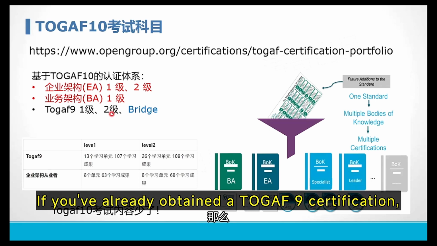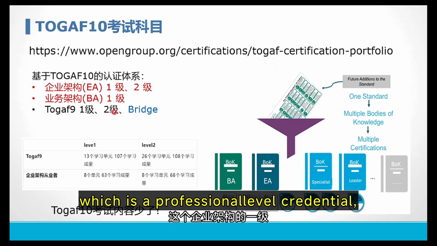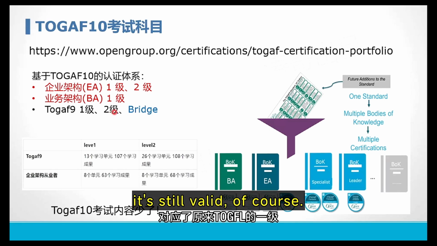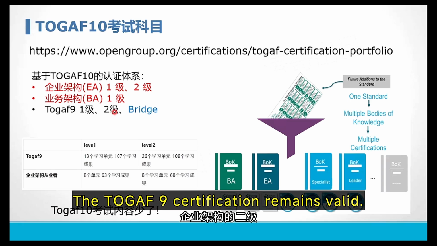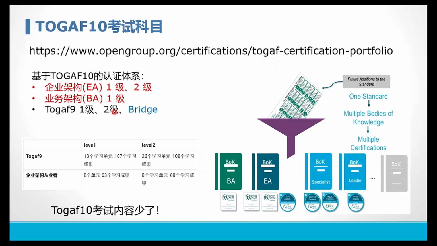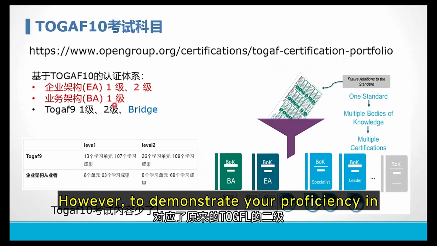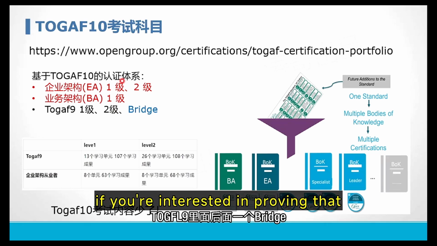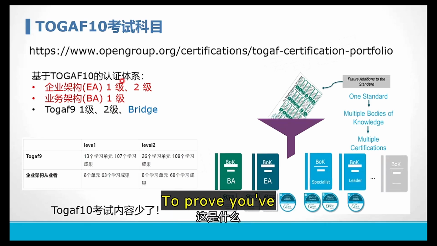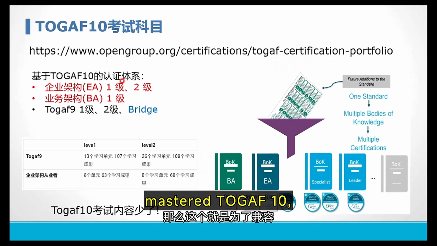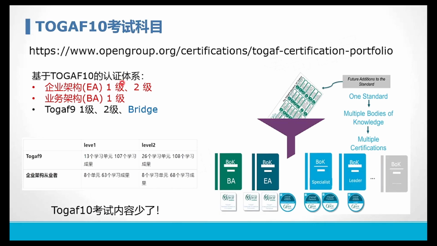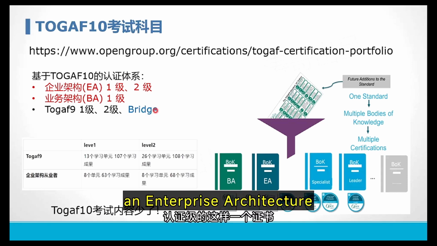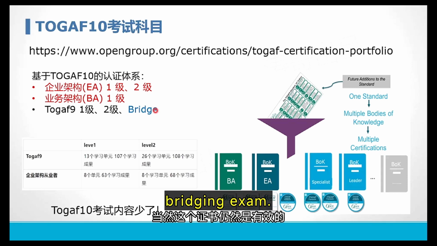If you already obtained a TOGAF9 certification, which is a professional level credential, it's still valid, of course. The TOGAF9 certification remains valid. However, to demonstrate your proficiency in TOGAF10, to prove you've mastered TOGAF10, you'll need to take an enterprise architecture bridging exam.